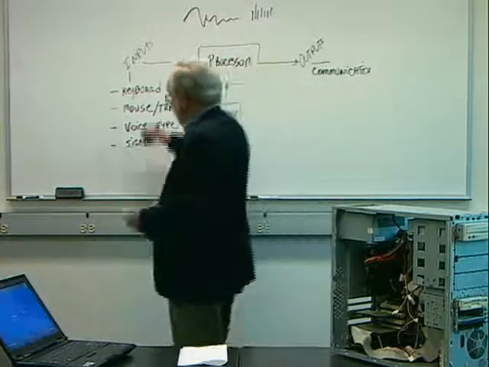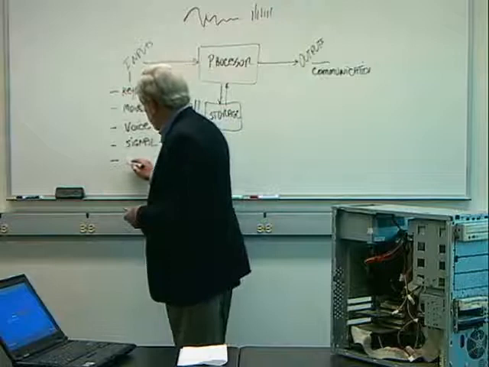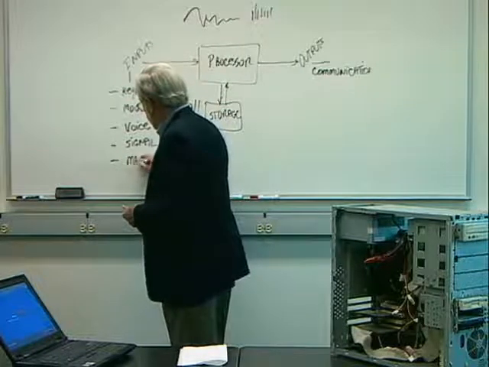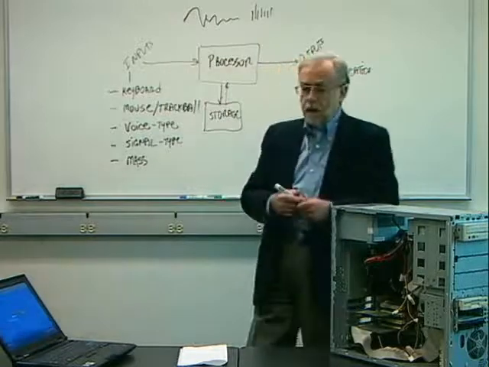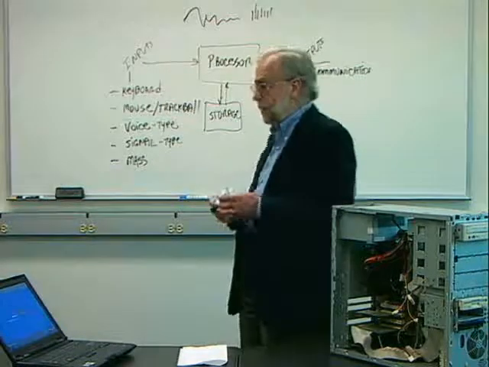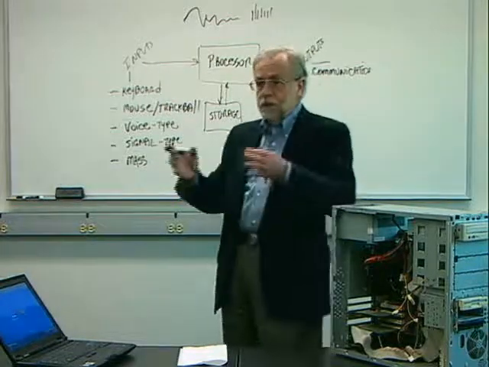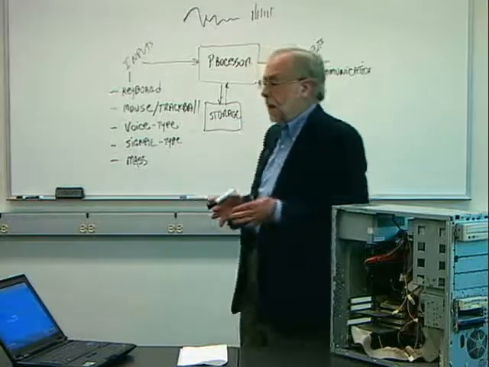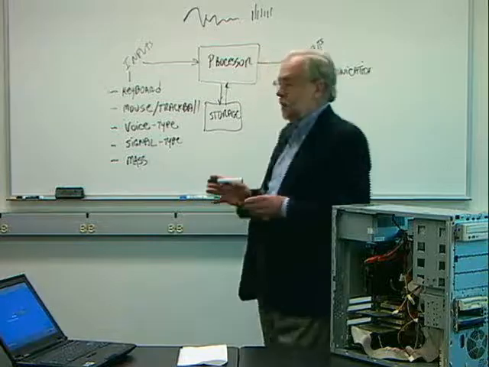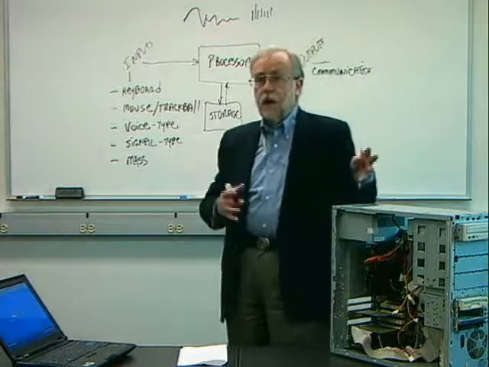There also is, and there are many variations here, the possibility of mass input, I'll call it. This is where I have already created a document or a bunch of letters and numbers that correspond to a text, and that text is already somewhere else in a file.